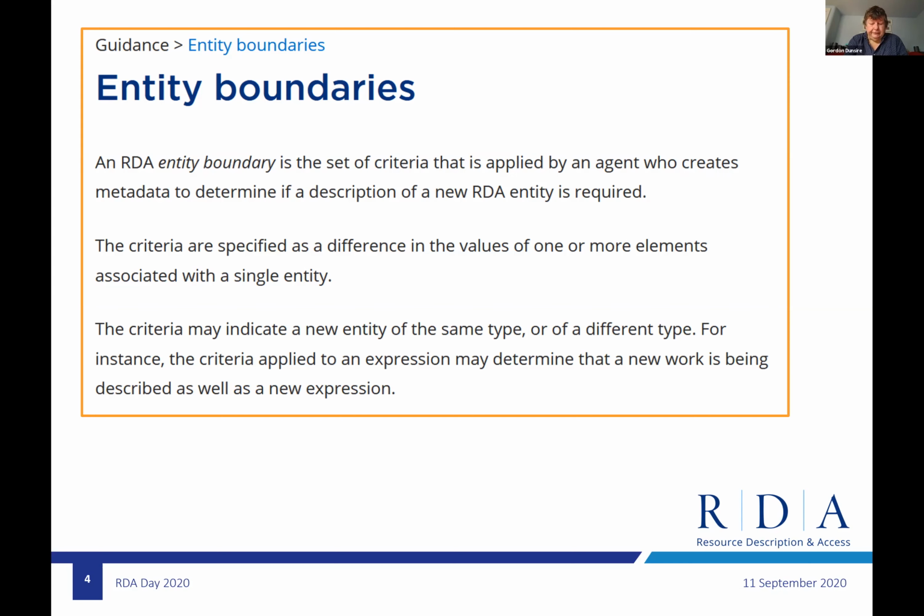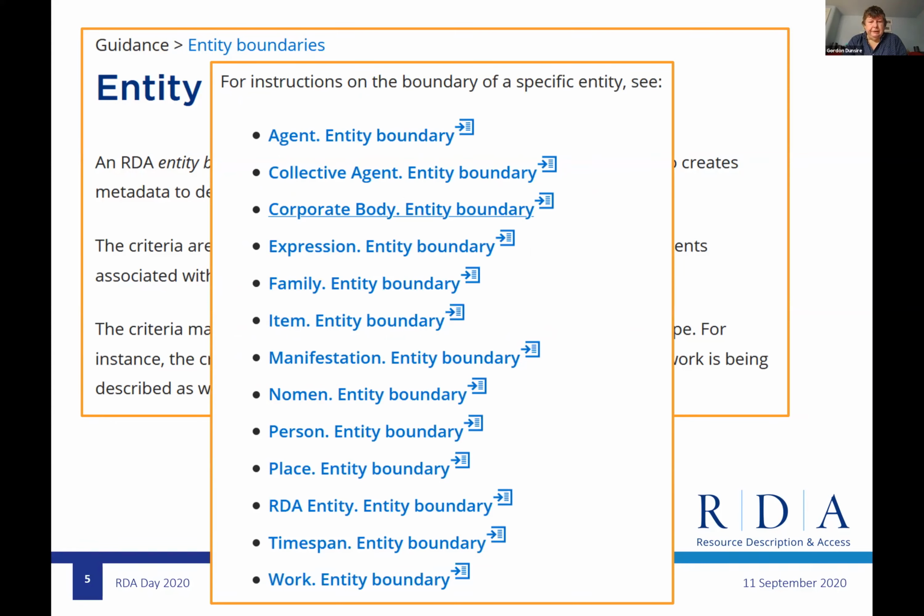So guidance is really required. There was latent guidance in the new toolkit, but we've gathered it all together and made it more consistent and comprehensive. So as well as a general guidance chapter on boundaries, we have a set of specific instructions for each of the RDA entities.